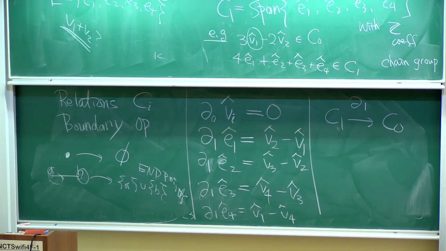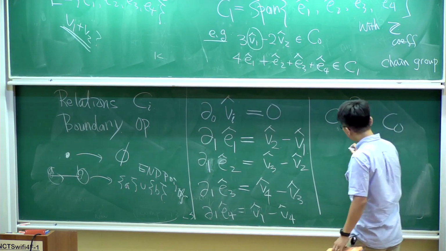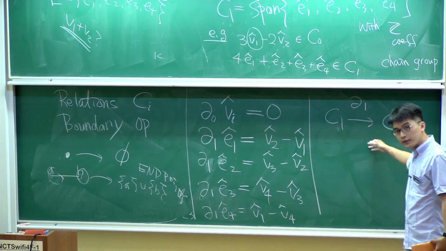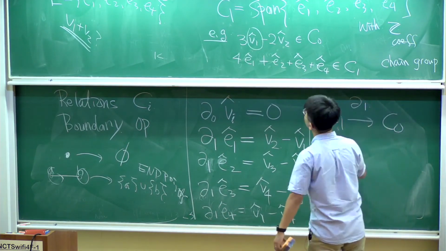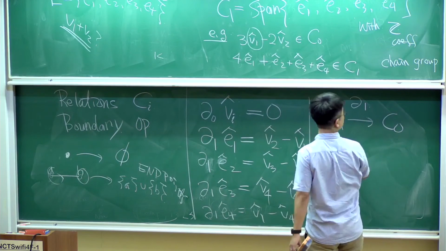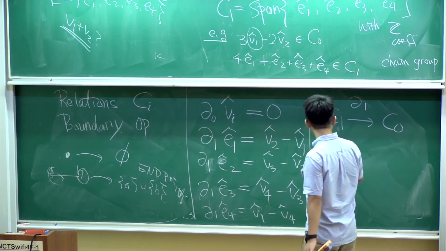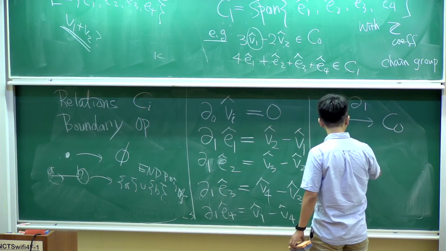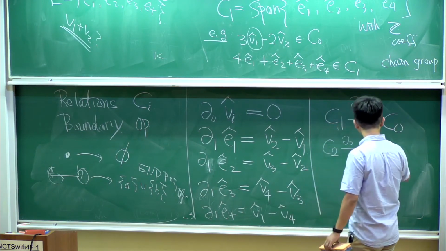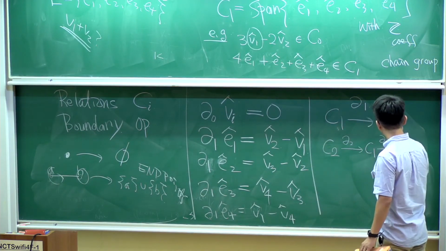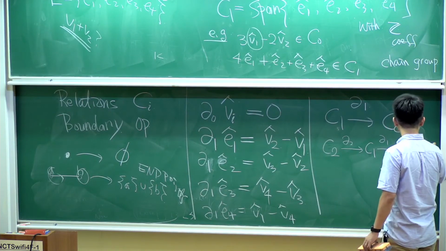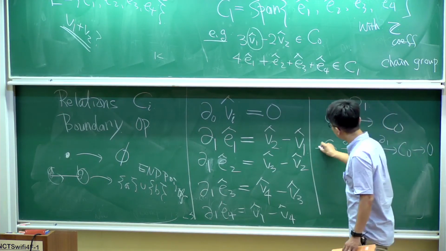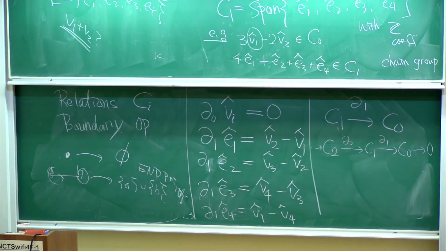In fact, I'm not only having this, I'm going to have the chain of this thing. So I'm going to have C2, this is the boundary, C1, C0, 0, and here, like this.